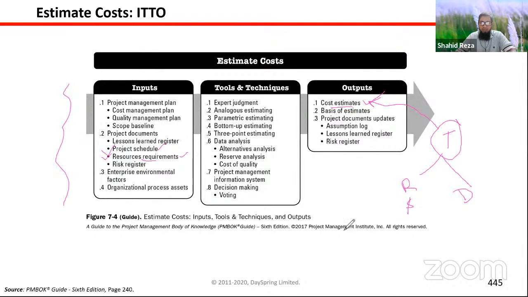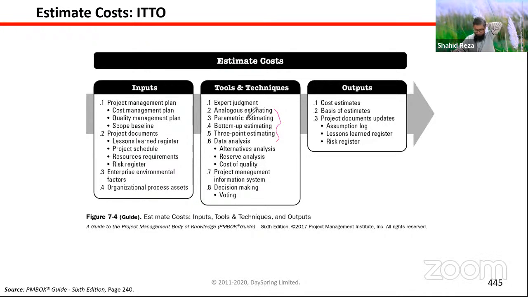If you can remember all these four parameters, these tools and techniques, we have already discussed them in the last class, right? Can you remember? This estimation technique we used in the schedule chapter.